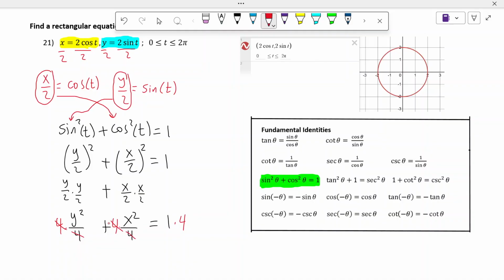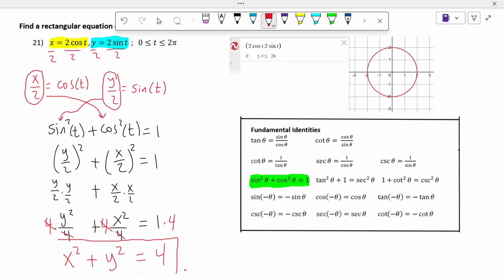In fact, I could rearrange this order and put it as x squared plus y squared equals 4. And this is like the good old circle equation with x squared plus y squared equals the radius squared. And then I noticed that the radius must be 2, because 2 squared is 4. And then I have my circle there with the radius of 2.